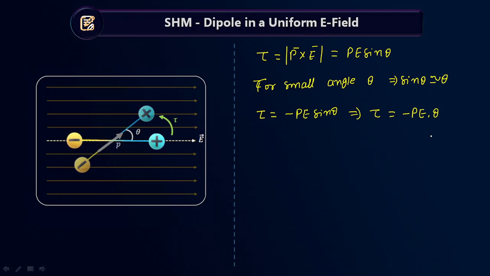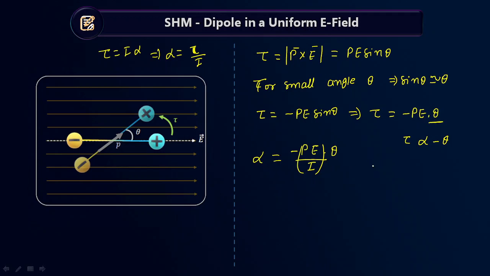Now we know that for angular SHM, torque is proportional to minus theta. That is what is happening. Yes or no? So for the angular acceleration alpha, we know torque equals I alpha, so alpha equals torque divided by I, where I is the moment of inertia. So alpha equals minus PE times theta divided by I. Yes or no?